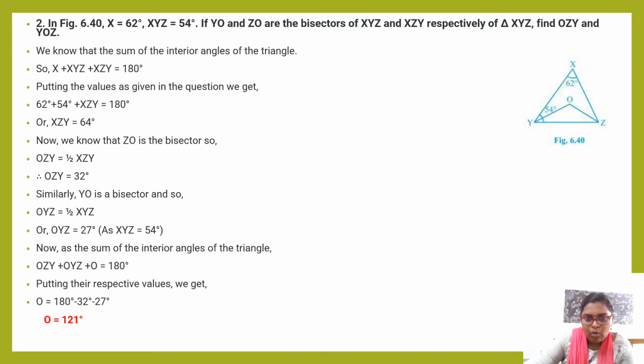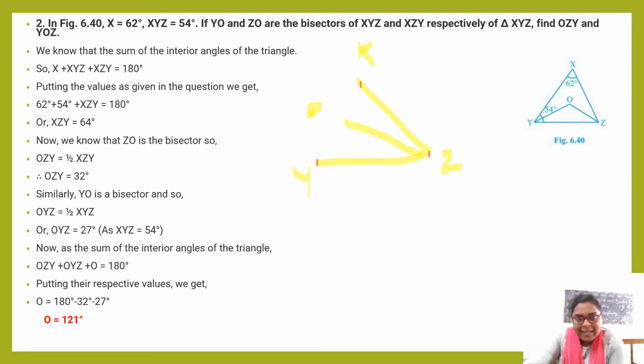So again I am drawing this side figure. This is Z, this is X and this is Y. So from here we have a bisector O. So ZO is the bisector of XZY.